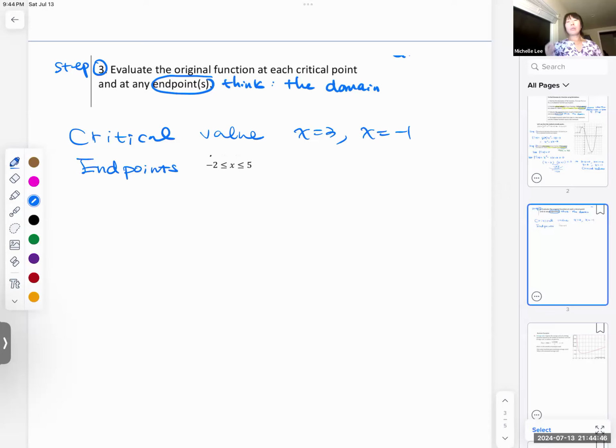All right, so we're going to evaluate 4 numbers there. Let's do the smallest number first. So f of -2.